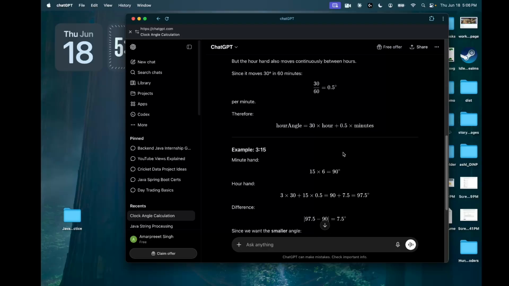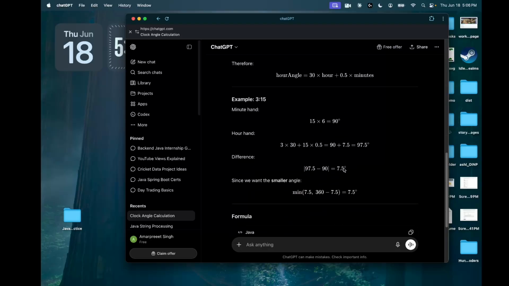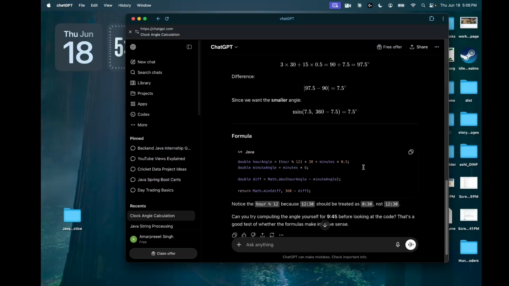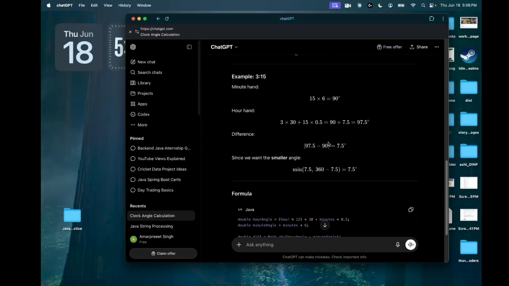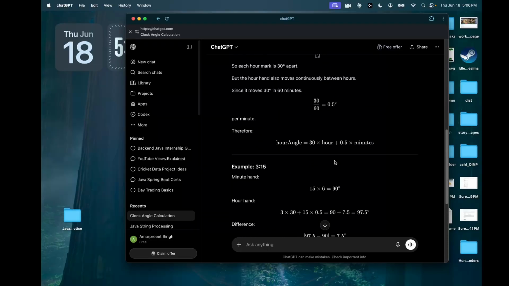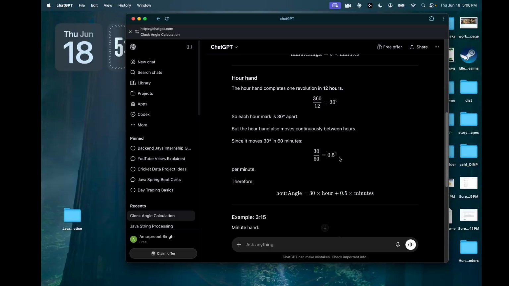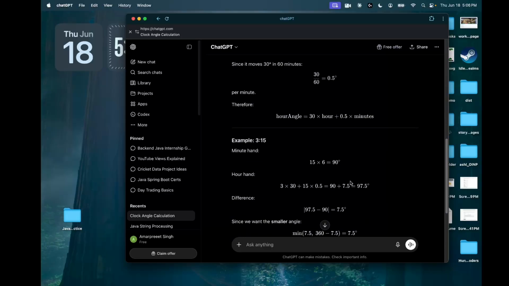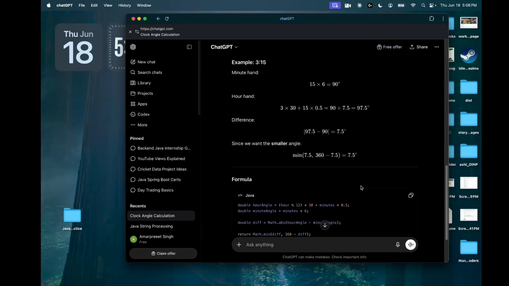It should be 30 times the hour plus the minutes divided by 2, and the minute hand goes to the minutes multiplied by 6. So the minute hand is at 90, and the hour hand is at 3 times 30 plus 7.5, right?